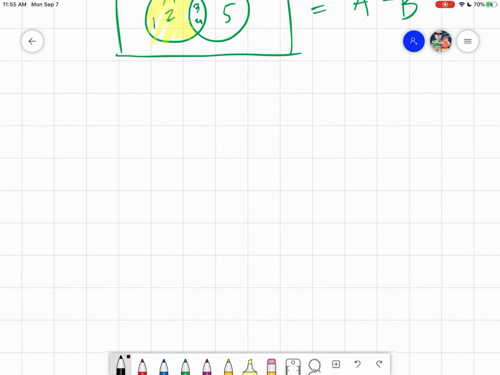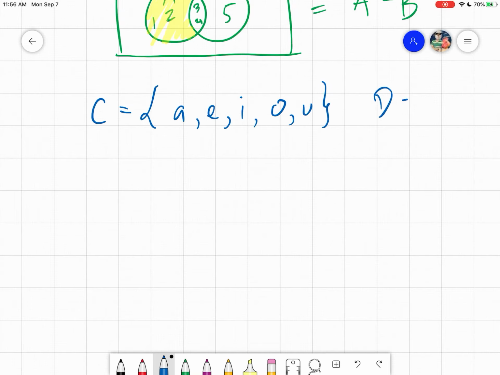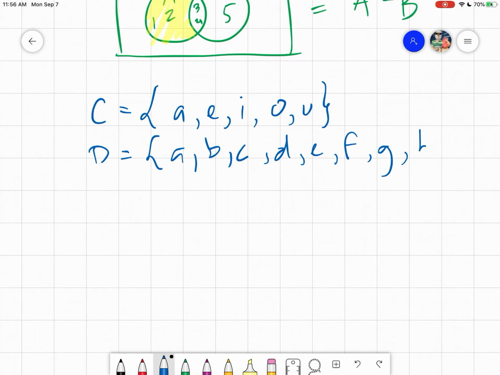So, let's have another example on that. I'm using blue pen, I'm sorry. So, for example, set C is A, E, I, O, U. And our set D is just simply, okay, let me write it down dito sa baba. Set D is equals to A, B, C, D, E, F, G, H, I, and so on.